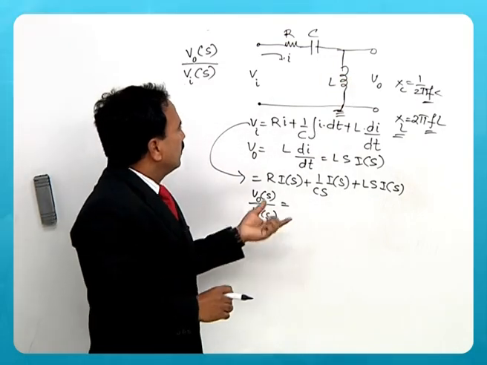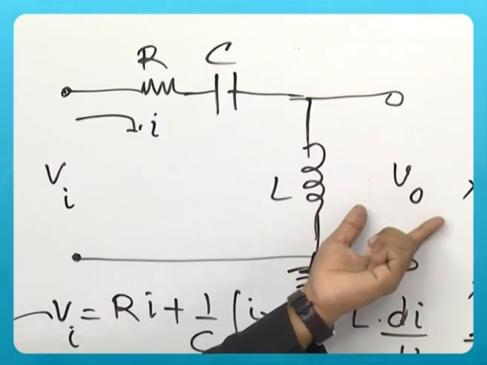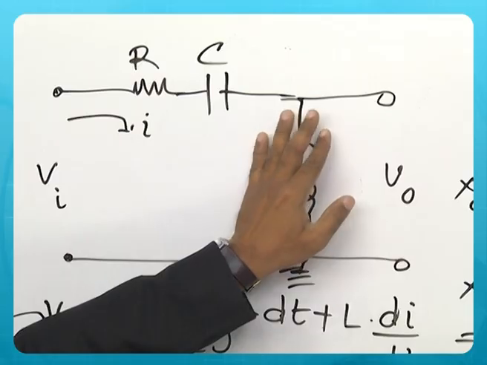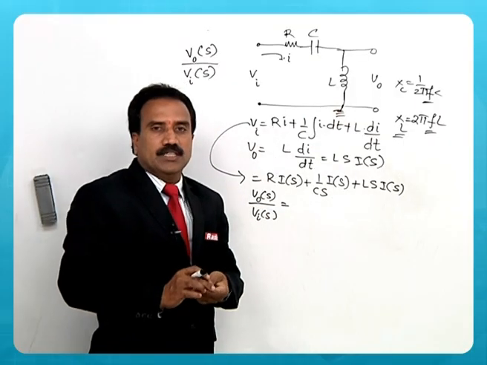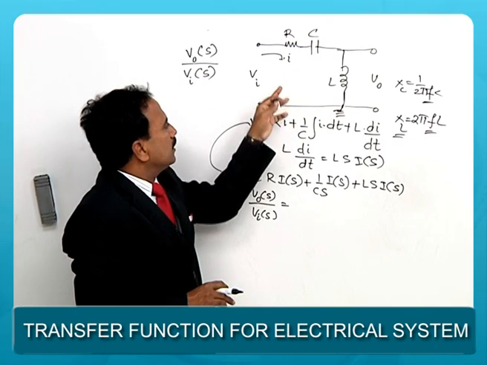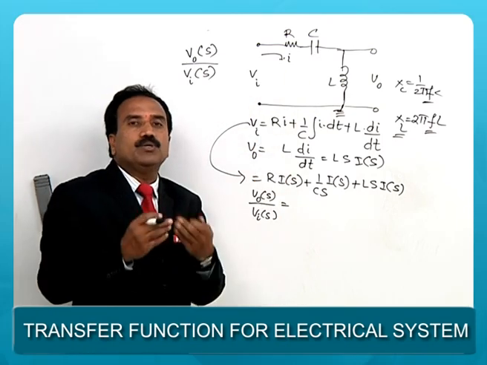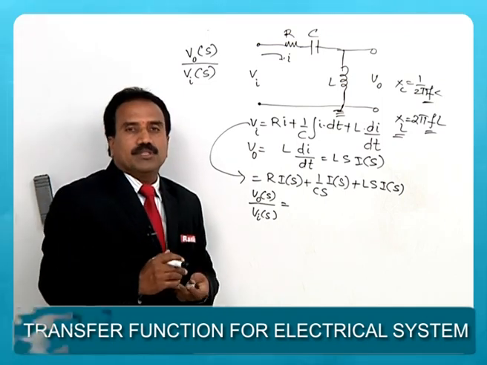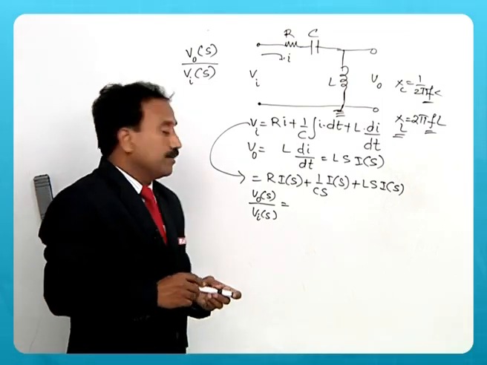That is why this inductor across the output is a high pass filter and capacitor across the output is a low pass filter. So, that is the way, once you know these 1 and 2 equations, you are able to write using KVL or KCL. Finding the transfer function is not a difficult one.